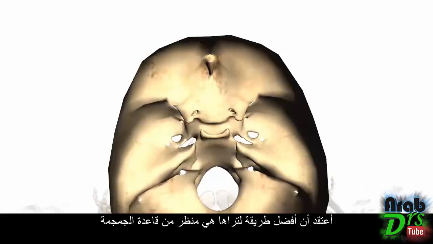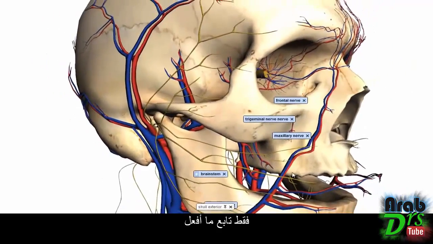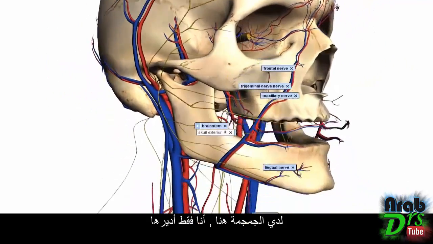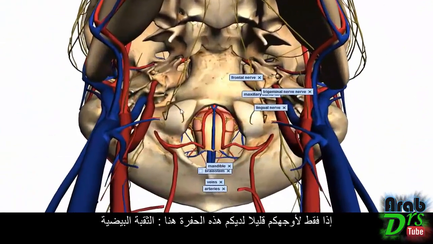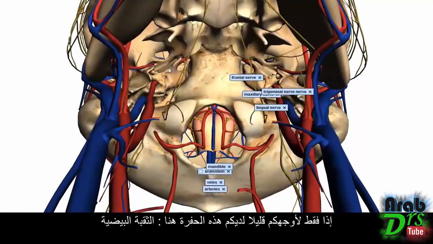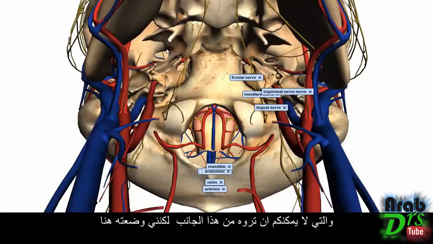I think the best way to show you this is from the base of skull view. I'm just rotating the skull so we can see from the bottom. Just to orientate you, you've got this hole here, the foramen ovale, and remember Mandy is oval, so the mandibular branch of the trigeminal passes through there, which you can't see on this side, but I've put it in here.